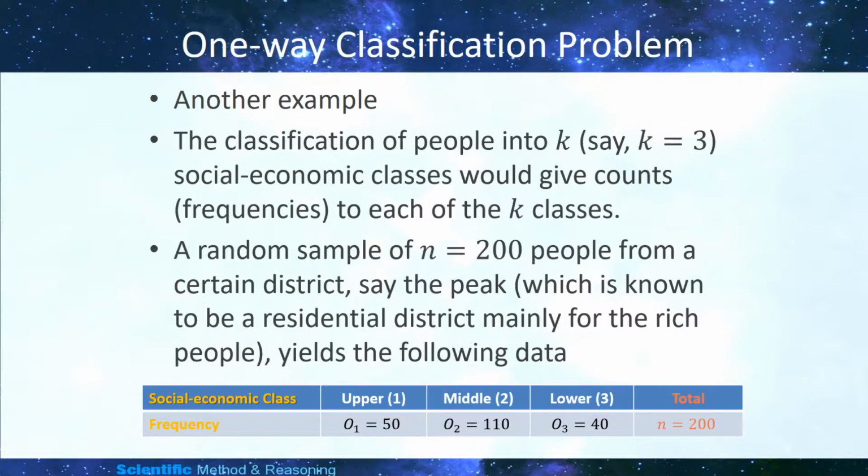We have observed O1 equals 50. That means the number of people in the sample from the upper class equals 50, and O2 equals 110, O3 equals 40.